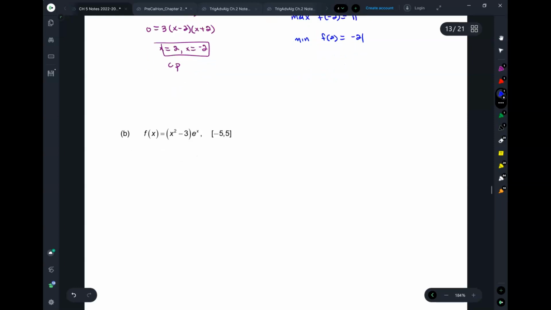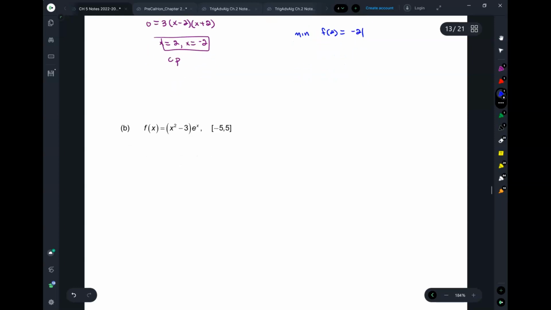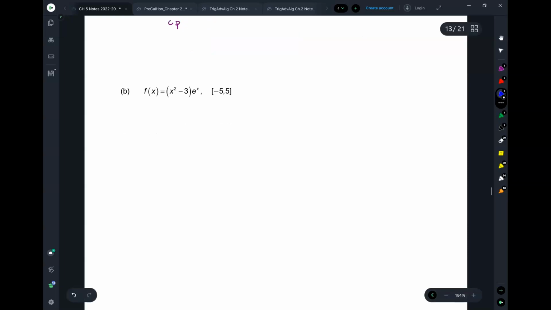Now, we have to take a derivative, but what are we going to do to take a derivative here? Product rule. Okay, so u will be x squared minus 3, v is e to the x, u prime is 2x, v prime is e to the x.